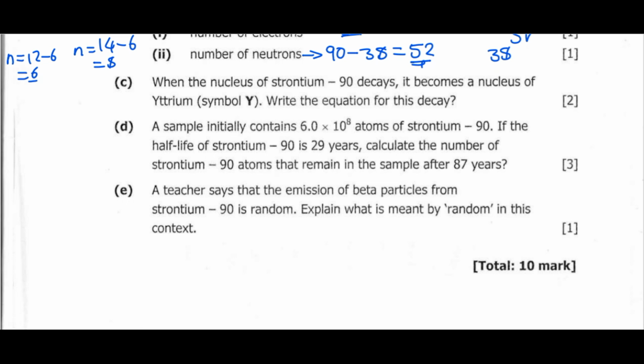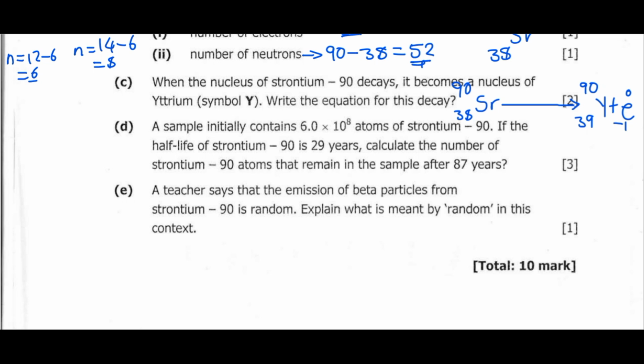So we have Sr with the mass number 90, 38. Whenever it emits beta, the mass number does not change. The atomic number will increase by 1. So we form 39. Then we have been given the symbol Y plus the nuclei notation for beta.